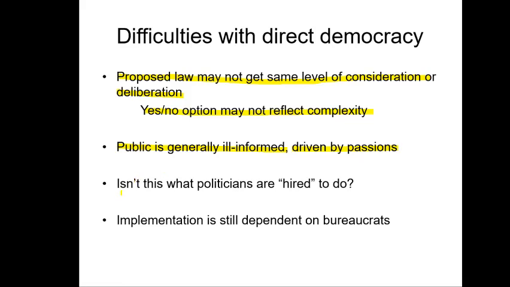Another question here is that, well, if we're hiring, i.e., if we're electing politicians to do this for us, why are we bypassing them? And if we're bypassing them, we're not really technically able to put as much deliberation into them as the politicians that are paid and sitting in the legislatures to do this.